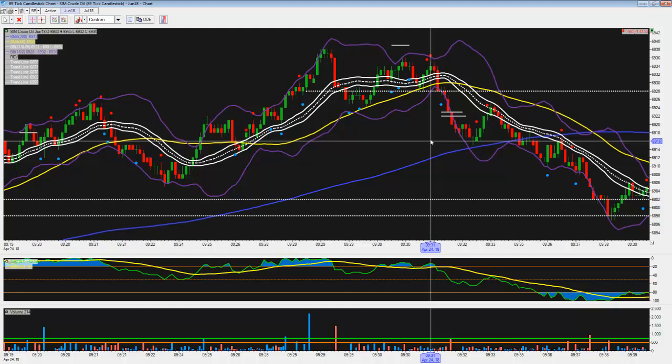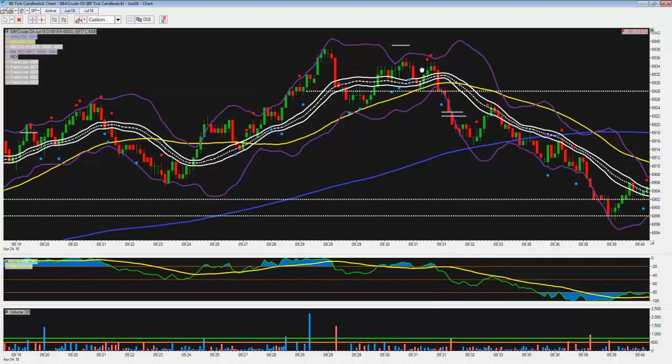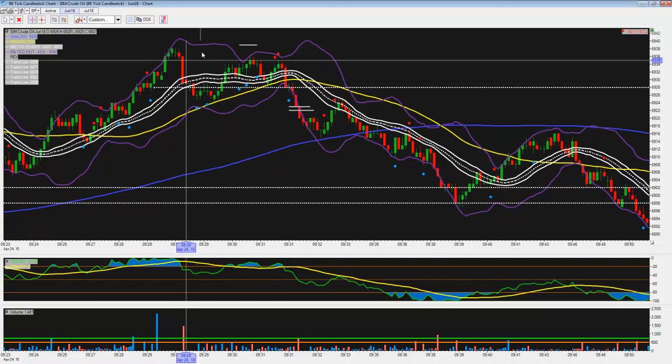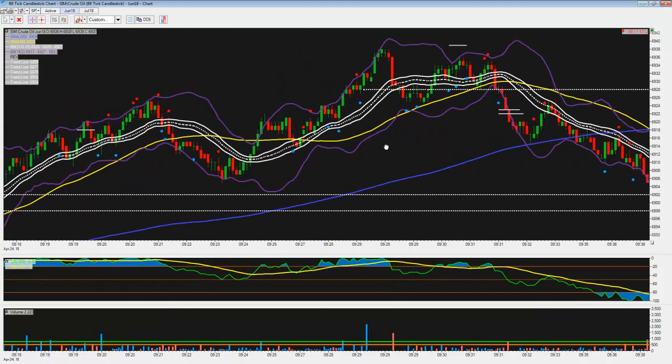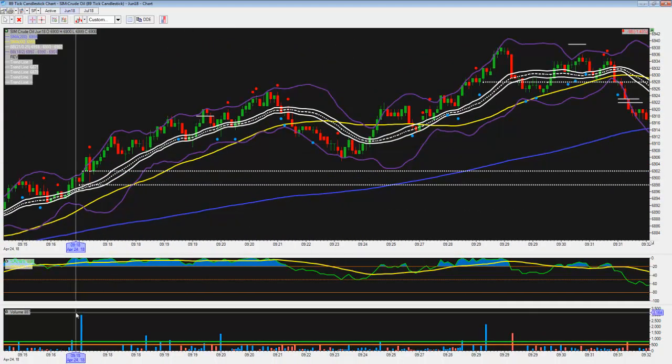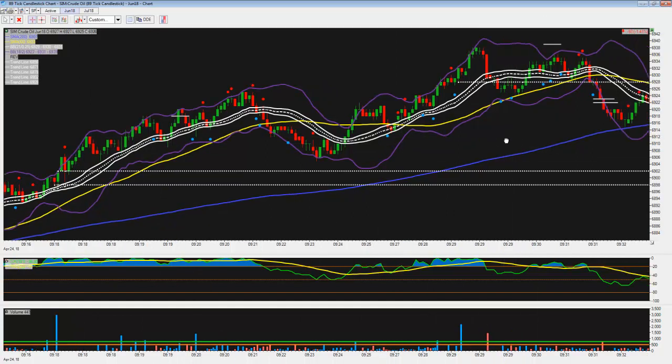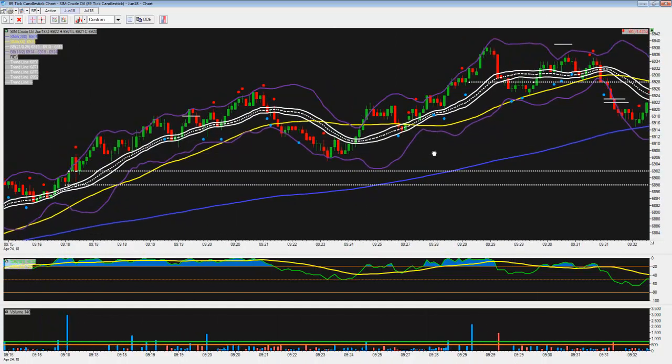So it's some of the things I'm formulating and thinking of. And there's still a lot more work to be done. But this short setup is pretty much out of my trading arsenal book. I know that if the market breaks above, it has a tendency of staying above until it comes underneath.